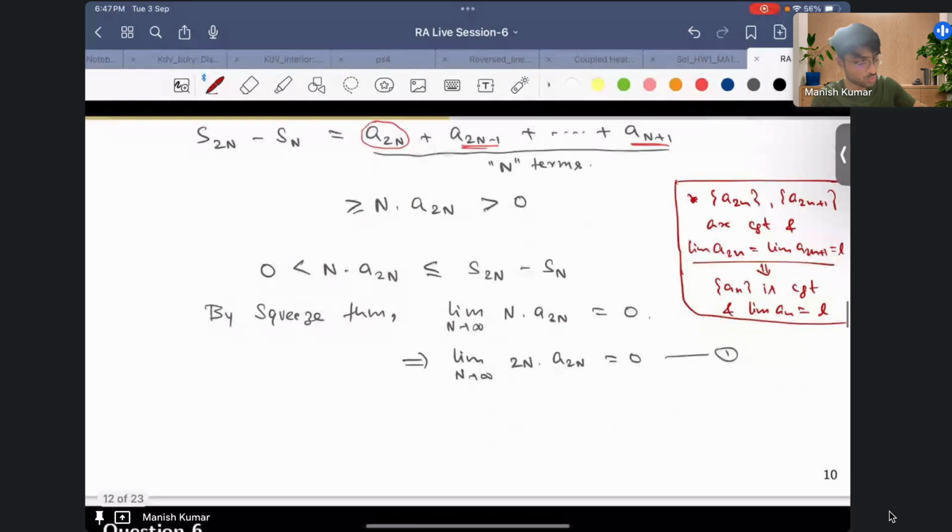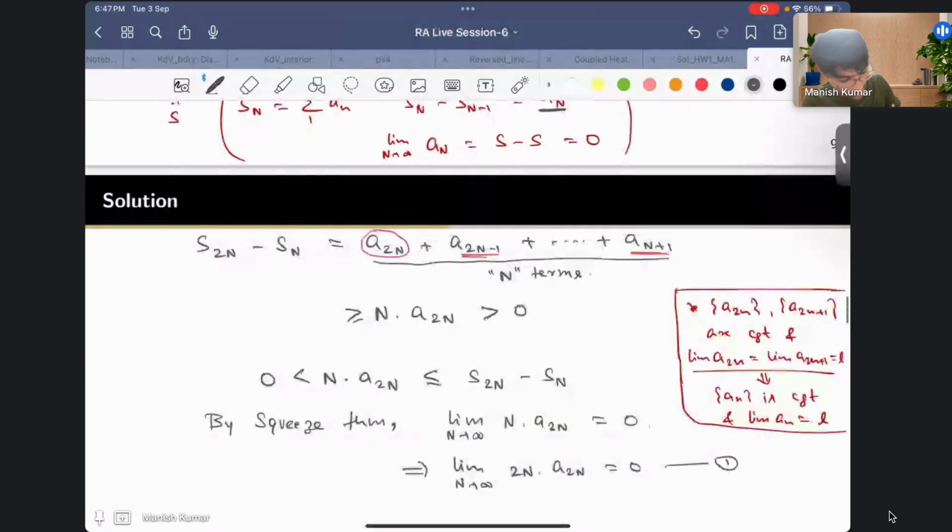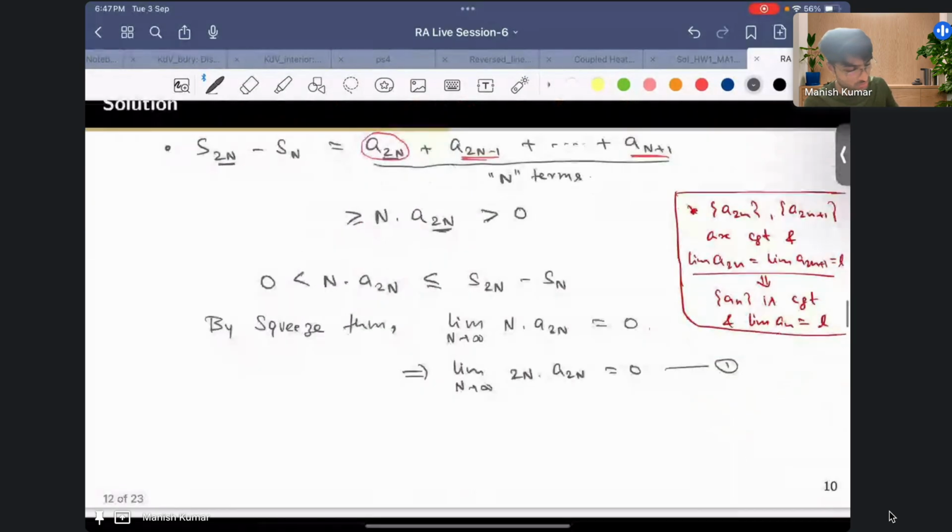So over here what we have shown is that one of the subsequences, the even subsequence, is convergent. Now we have to prove the odd one. So again we can do a similar trick, right? Over there I used 2n to get a_2n, because I wanted the maximum one. So now I'll do 2n plus 1, correct?